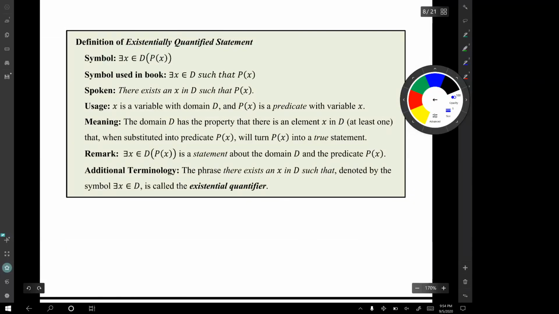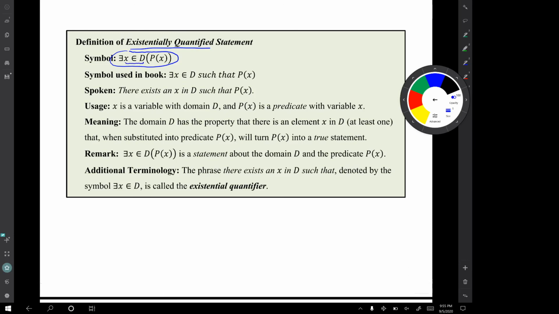Now I want to talk about the existentially quantified statement. It has this symbol, this wacky backwards capital E, and then another one of these x is an element of D symbols, and then the predicate P of x in parentheses. And the book's symbol is slightly different.